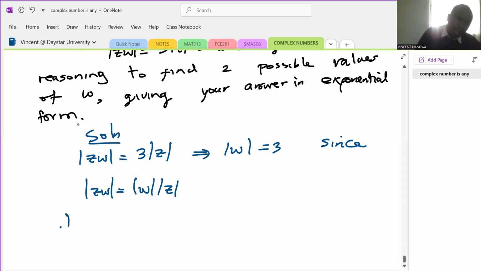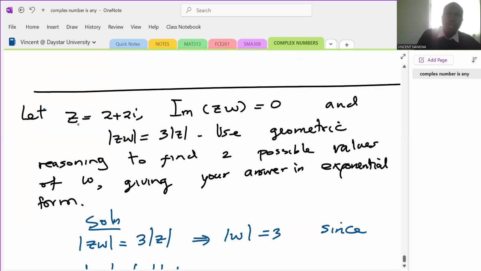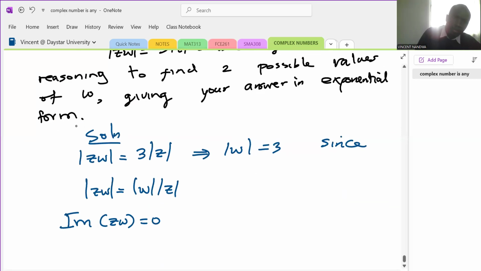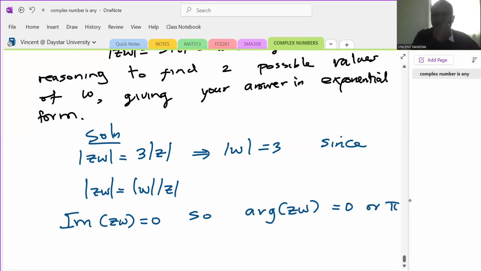Now, the imaginary part of the product is 0. That's what we're told. So the argument of ZW must be 0 or pi. It means that the number is on the real axis.